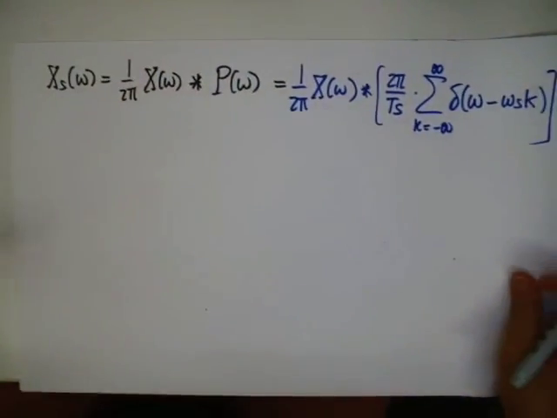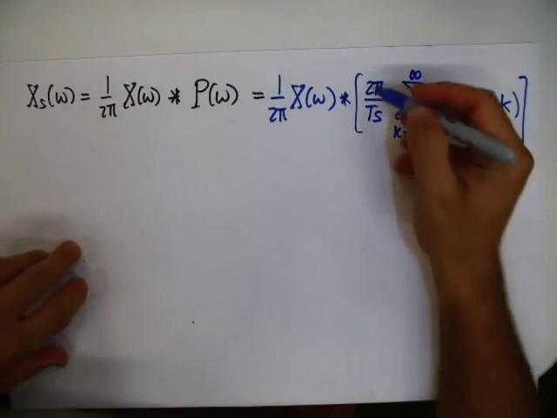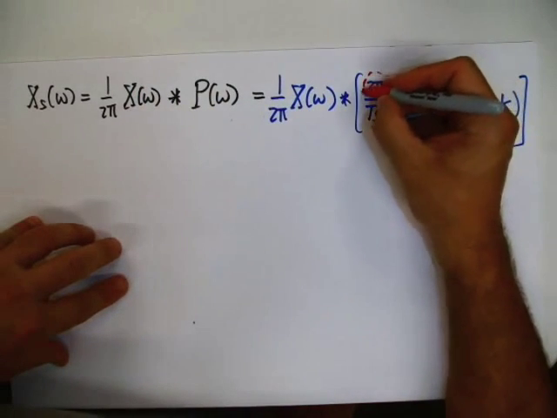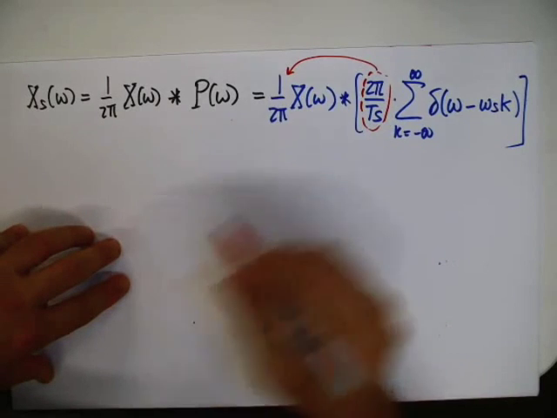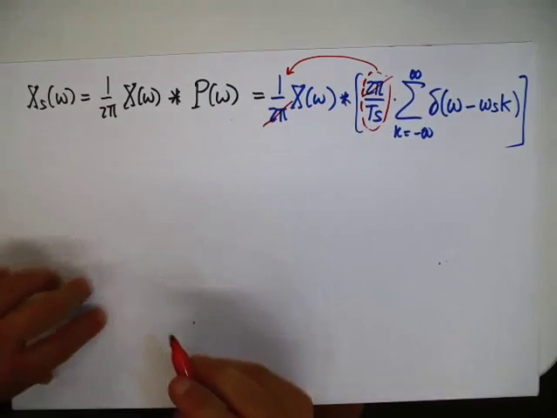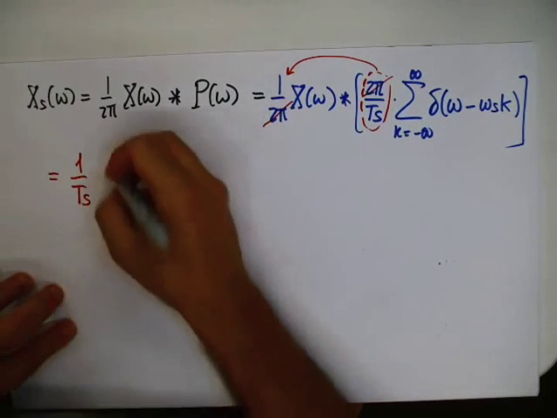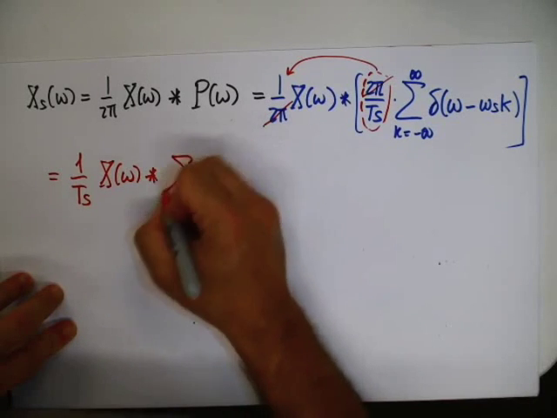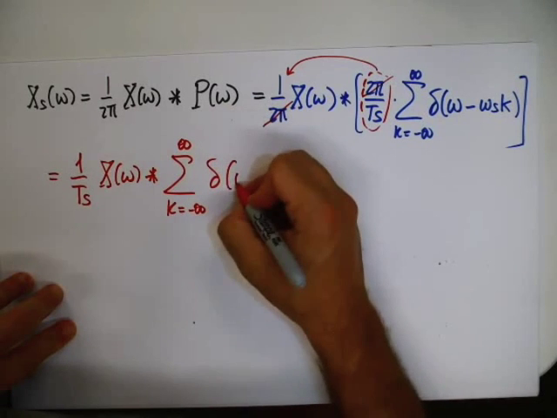And now you can see that this is easy to deal with, because I can bring this coefficient outside the convolution, and so 2 pi and 2 pi simplify, and I'm left with 1 over T_s, X of omega convolved with the infinite sum of a bunch of deltas.